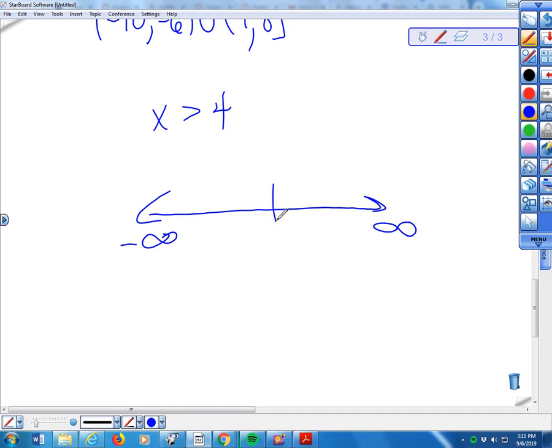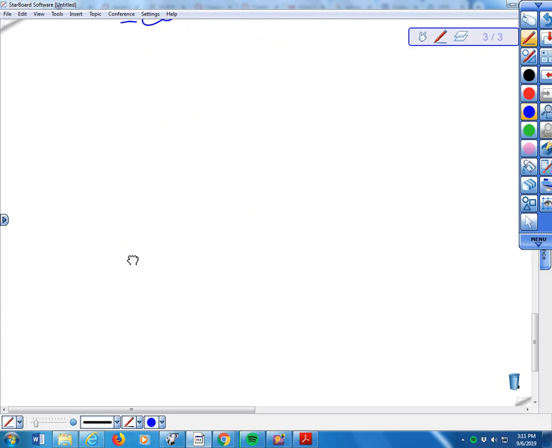Yes, Gideon. 9W is less than 4, or W minus 2 is greater than or equal to 5. Okay, so what's the answer to the left side?